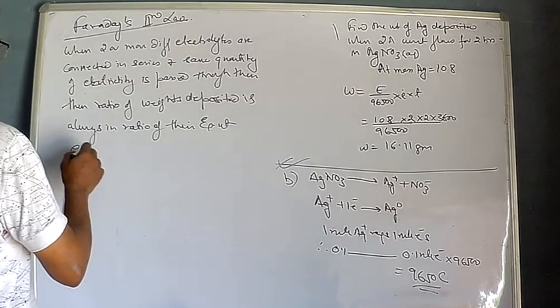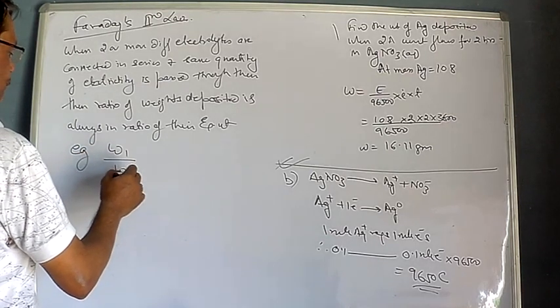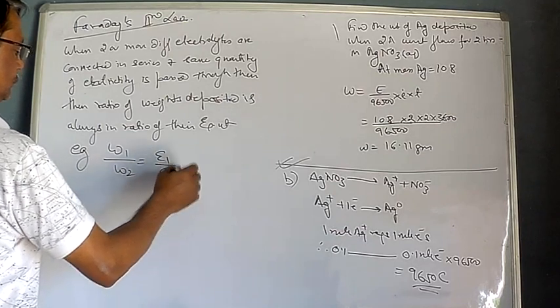For example, W1 upon W2 will be equal to E1 upon E2.